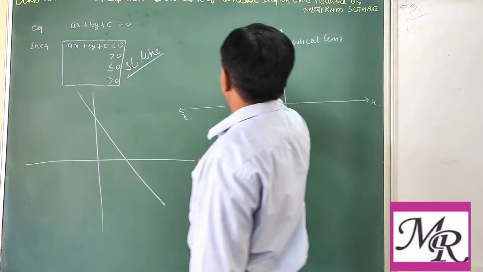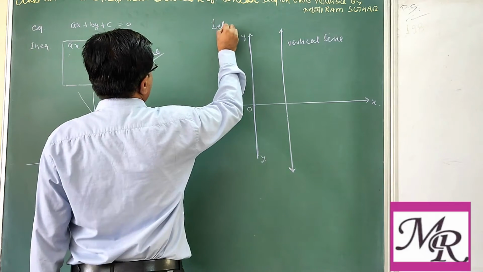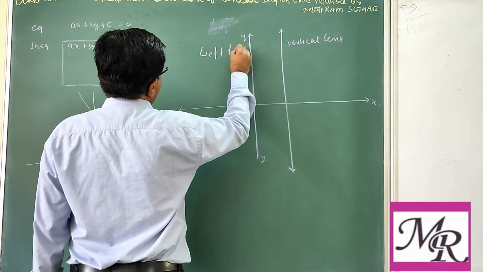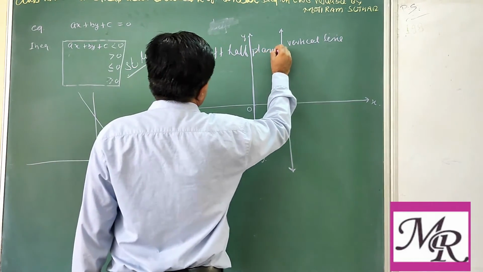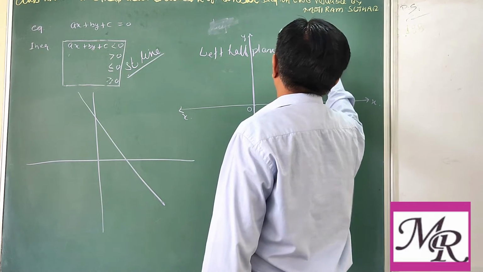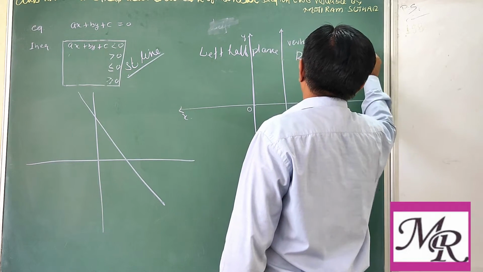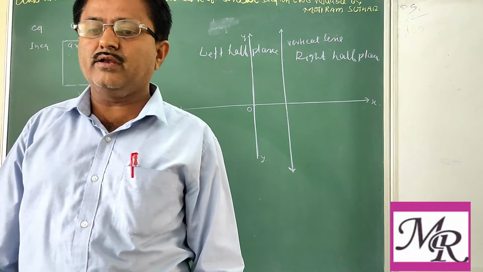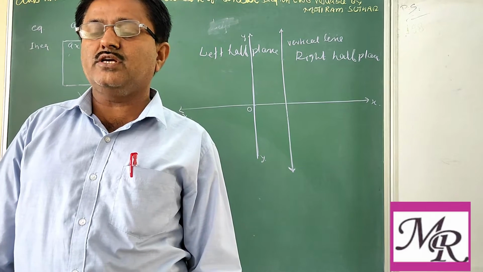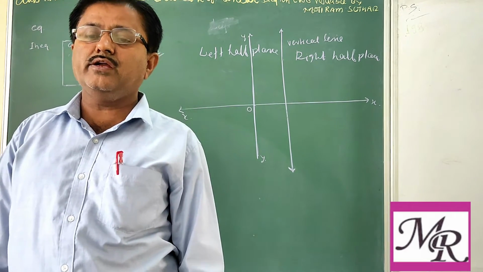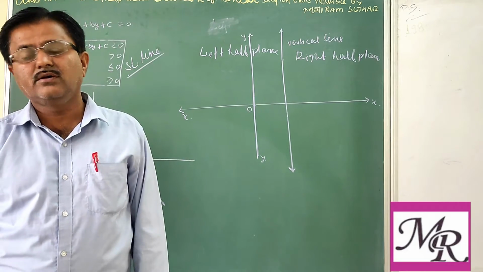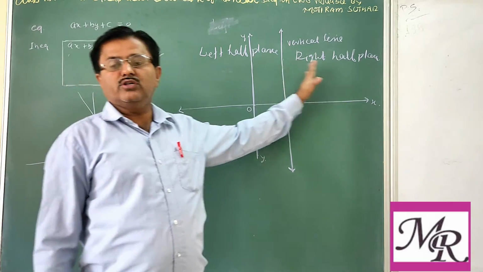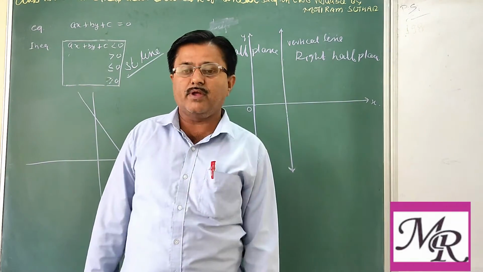So this is the left half plane, and this is known as the right half plane. So first, if we are drawing a line on the graph paper which is vertical, then this will divide the plane into two parts. One is to the left of this, which is known as the left half plane, and to this side, that is the right half plane.